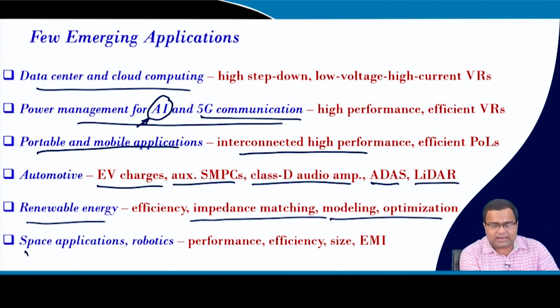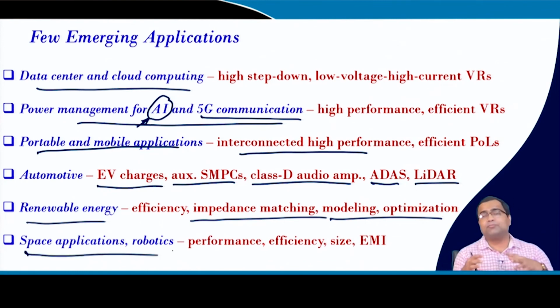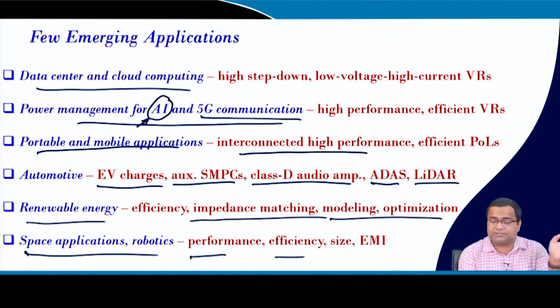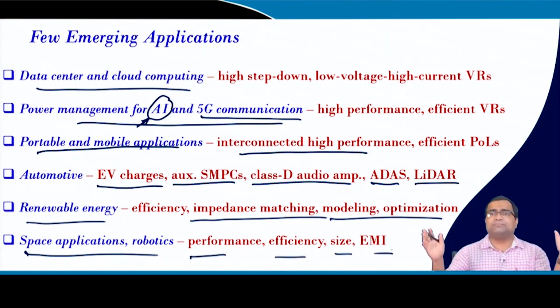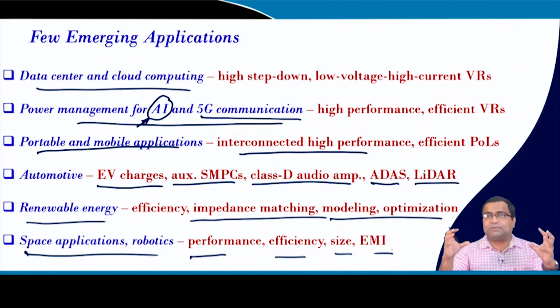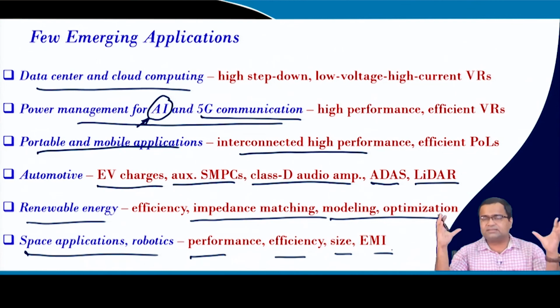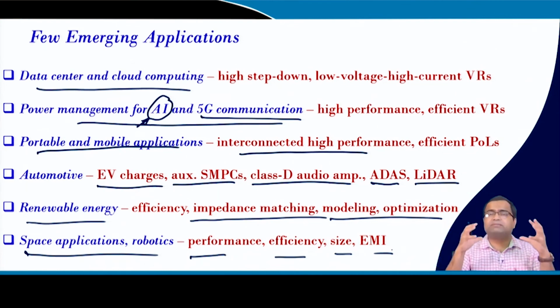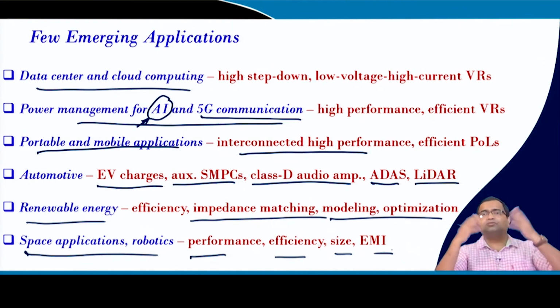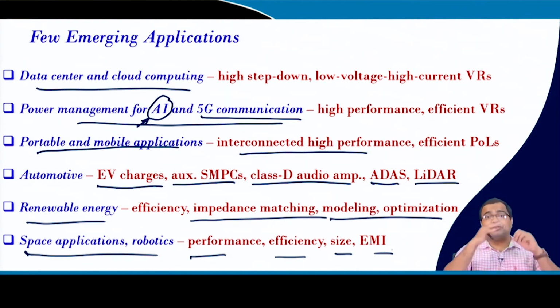The space application, robotics, even more electric aircraft, these are also areas where performance, efficiency, size and EMI are very important, because the power supply should be lightweight, smaller in size, highly efficient, with low EMI, because ultimately the power converter will be plugged into the spacecraft, and it has to fly, right. So, you need to reduce the overhead due to the power converter weight and other things.